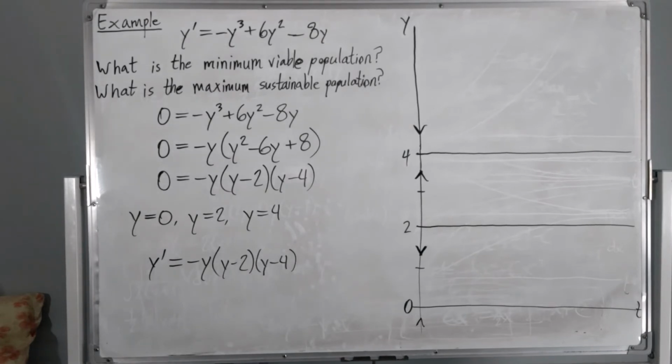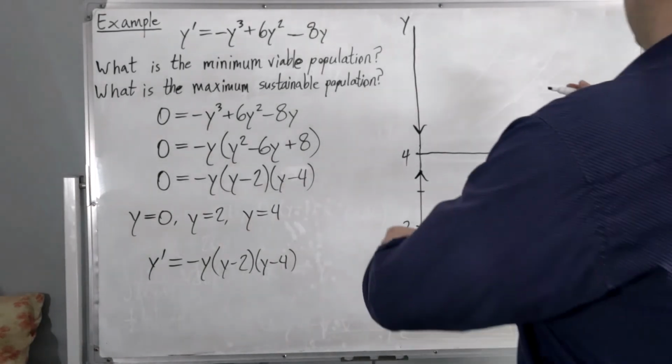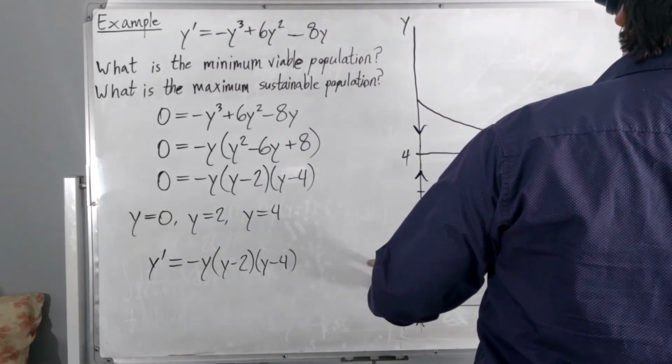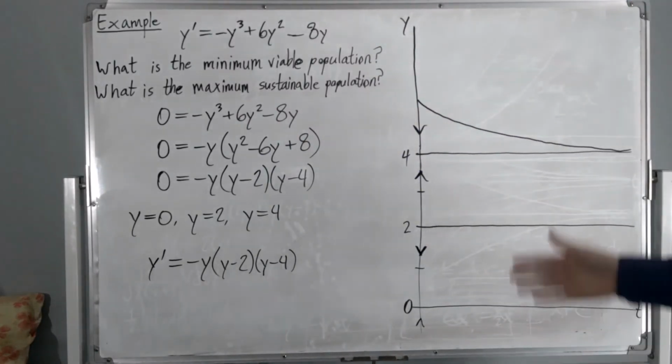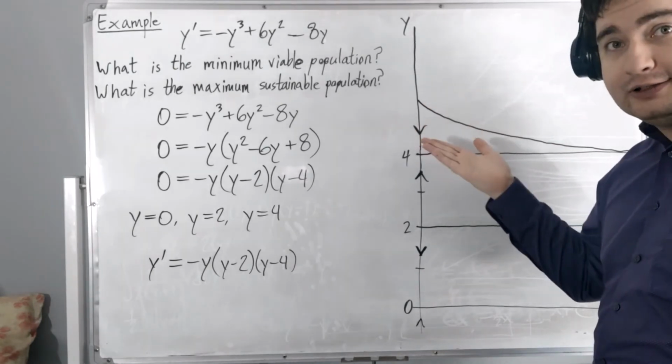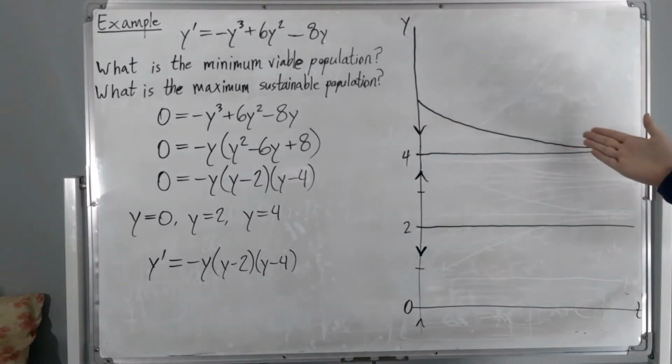So, what's going on here is solution curves are going to fall down like this if they start above 4. What that means is that having a population up here is not sustainable. It's eventually going to die out at a faster rate than the birth rate until you get to 4.